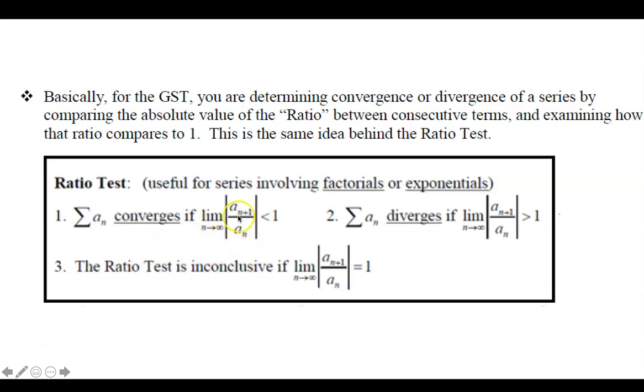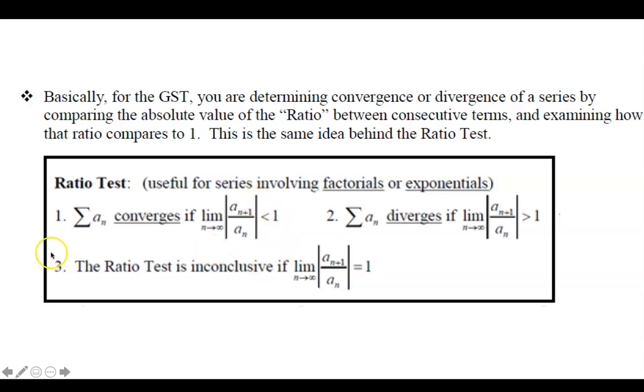Well, let me explain. When I talk about an, that means your current term. Let's say it's your first term, your a1. That would make an plus 1 your following term, or a2. So if this is a1, this would be a2. This is the previous term, and this is the one after. If the term after is bigger than the one before, that means your terms are getting bigger and bigger and bigger.